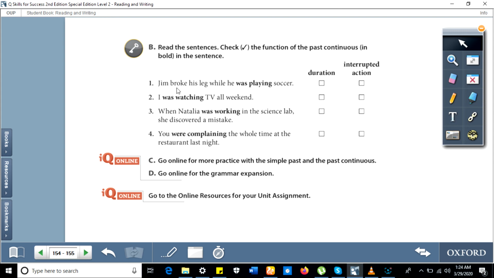So of course, as you can see, this in bold italics is an interrupted action, right? So the rest of the sentences you have to do yourself, to find out if it's a duration or interrupted action.